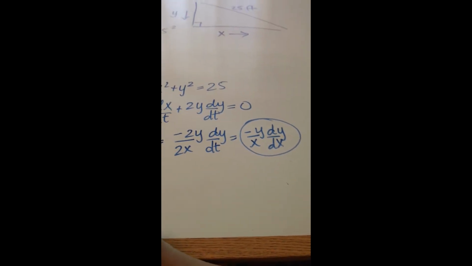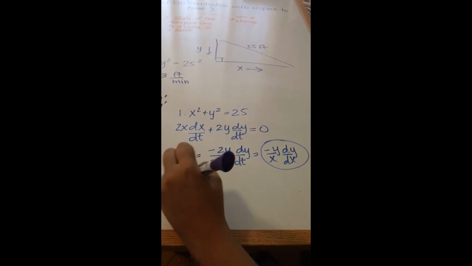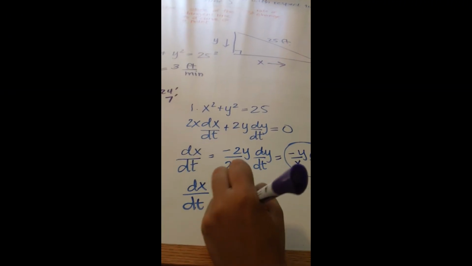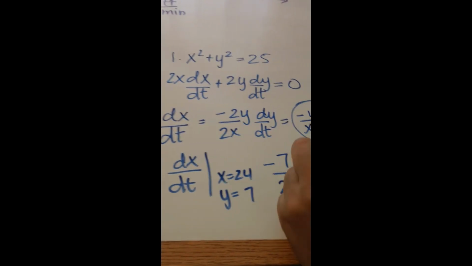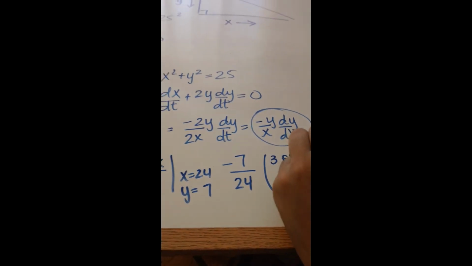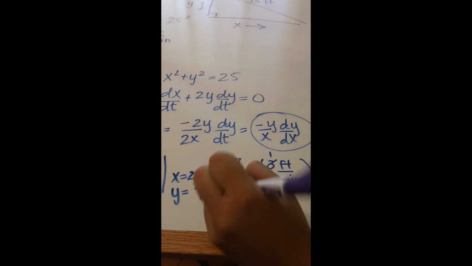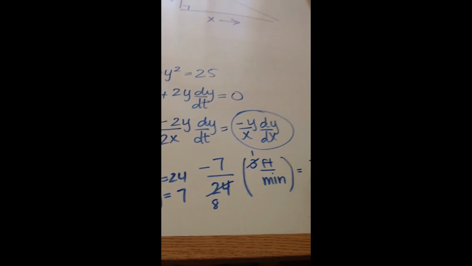And this is what we're going to use to substitute in our values, which will be dx/dt when x equals 24, when y equals 7, negative 7 over 24 times, we're given dy/dt, so 3 feet per minute. We can simplify the 3 and the 24. 3 goes into 3 one time. 3 goes into 24 8 times. So this is really going to be negative 7 feet.